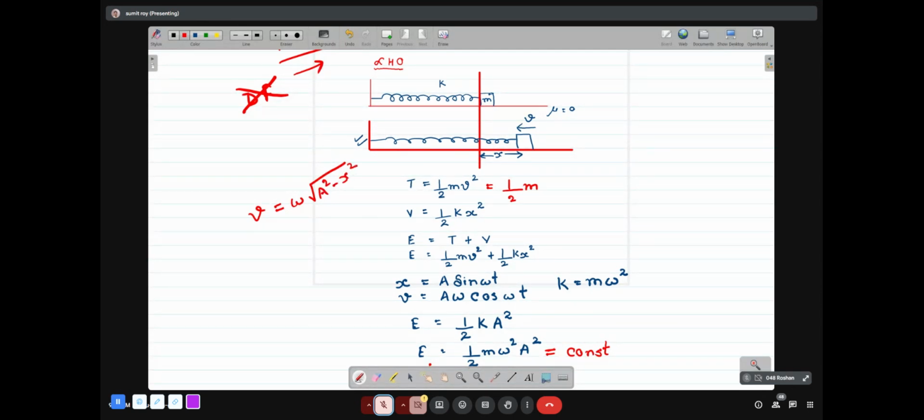If I put it here, what will be the value? Half m omega square, then I have a square minus x square. And the potential energy is half m omega square x square. Do remember this. This is very required. Half m omega square x square.